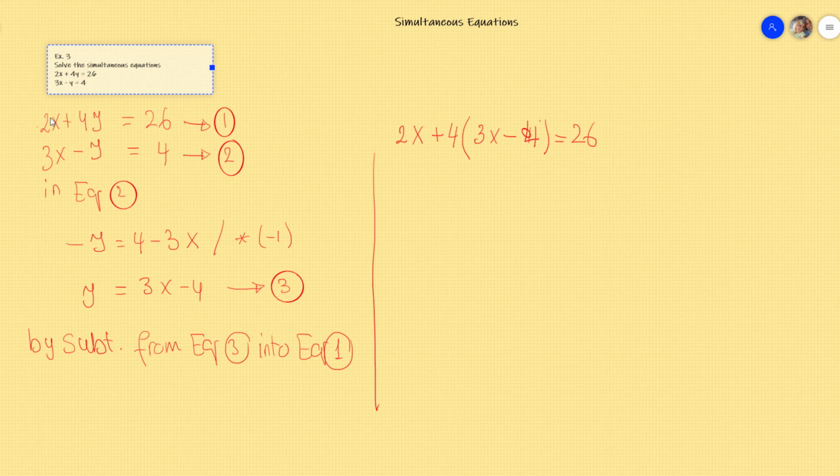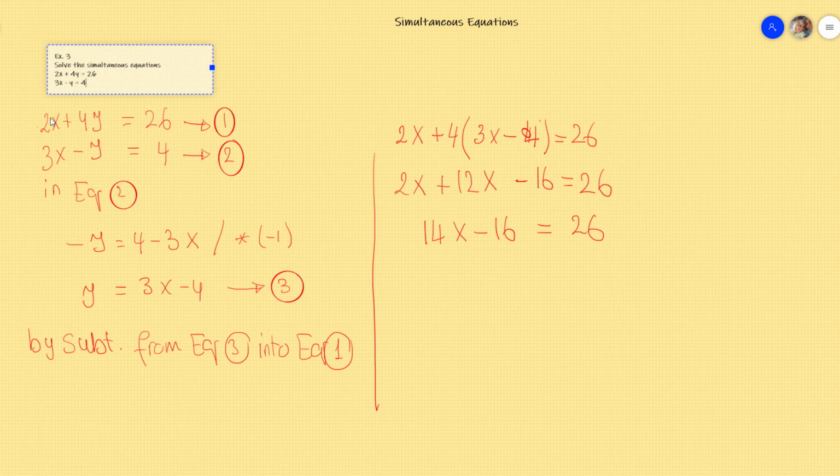Now, as you see, we have one equation in one variable x, so 2x plus 12x minus 16 equal 26. So 14x minus 16 is equal 26.